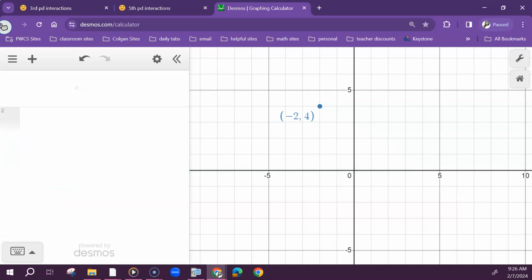Really quickly, I'm going to show you how you can check yourself with Desmos. I'm going to go back to the solving equations and inequalities and put in number 10.